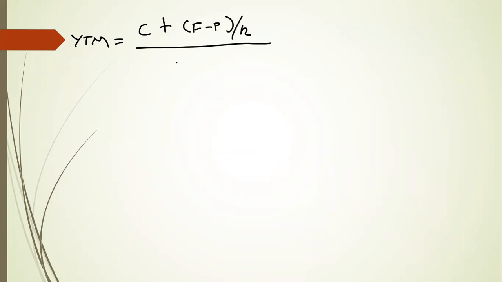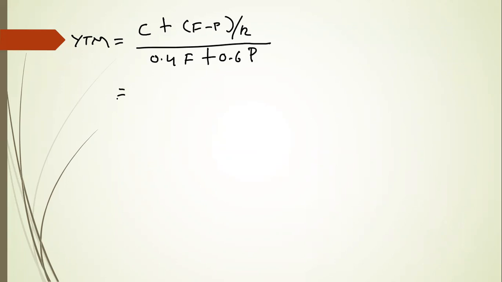So we know the formula. YTM is equal to C plus F minus P divided by N, whole divided by 0.4 F plus 0.6 P.